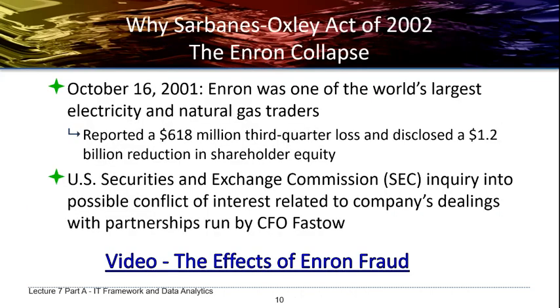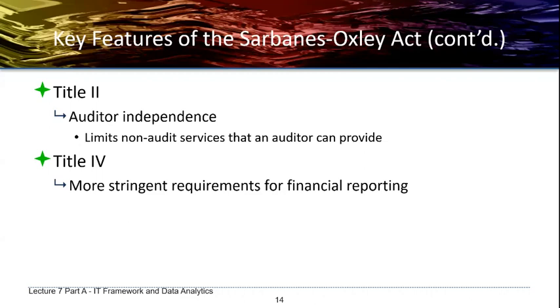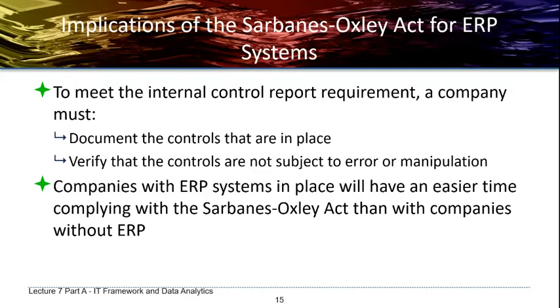Because of that, companies were trying to deploy ERP applications, since companies with ERP have an easier time complying with the Sarbanes-Oxley Act than companies without ERP. A lot of large American companies started deploying ERP systems because that helps them comply with this act.